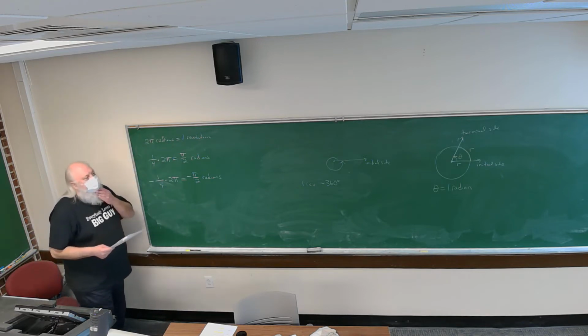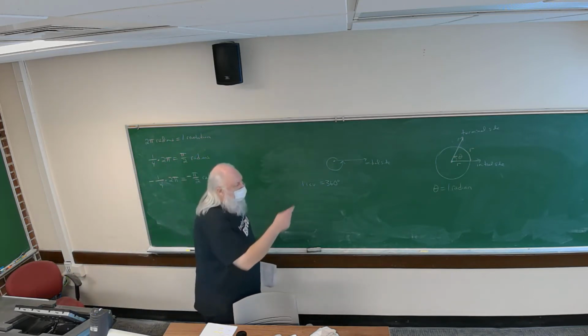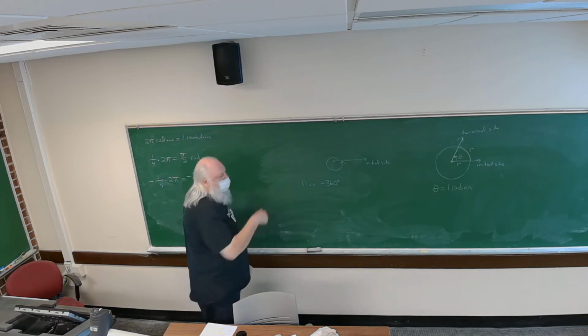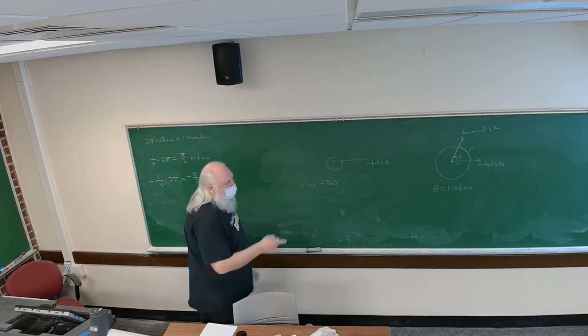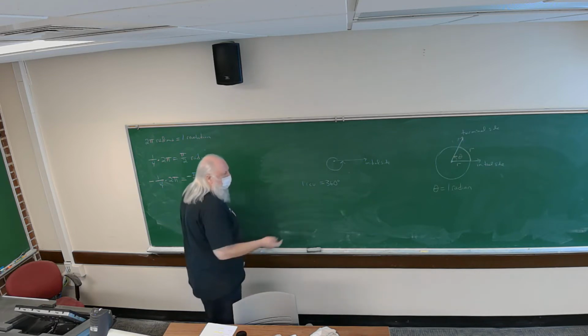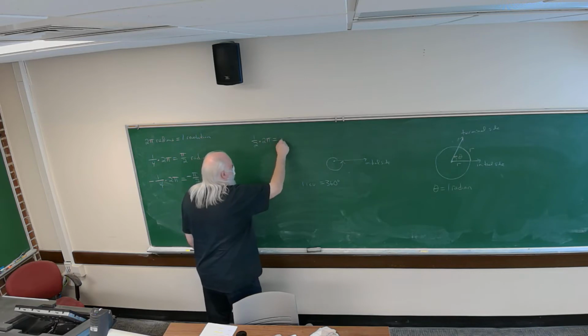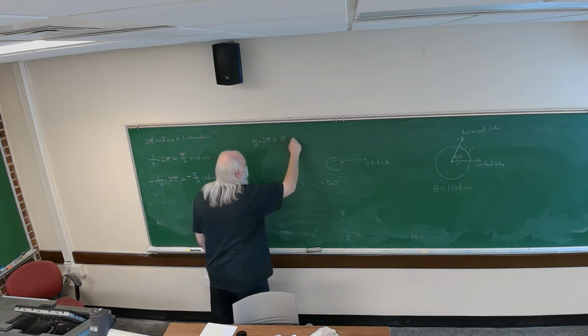In the third graph, we have the angle pi. That is a 1/2 revolution from the initial side to the terminal side, and 1/2 revolution times 2 pi radians equals pi radians.